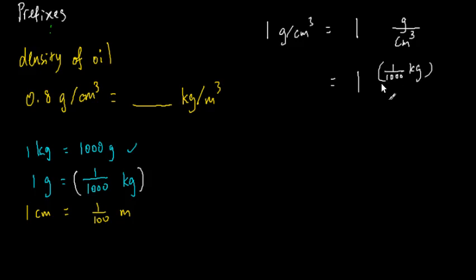And the cm cubed here, the cm is 1 over 100 meter. Now the cube here means that I have to take the cube of the whole thing, so I should put a bracket around it just to make sure that I get it right. Now I still have the 1 hanging around here. Since the 1 here just means 1 of this, it's the same as saying that it is 1 times this, right? So that's just what it means.